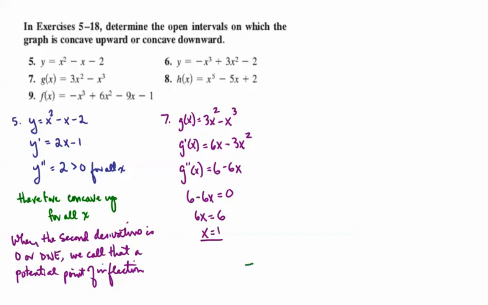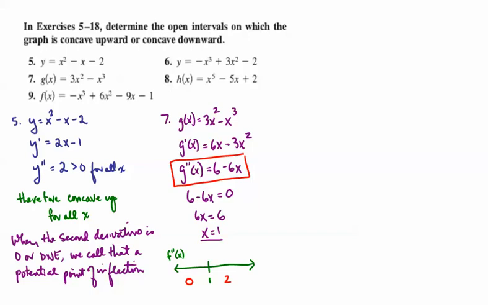So as we did previously with increasing and decreasing, we made a number line, only now we're not working with the first derivative, we're working with the second derivative. And our second derivative is here. We need some test values. We can use 0 to the left of 1 and 2 to the right of 1. Plug them into the second derivative.